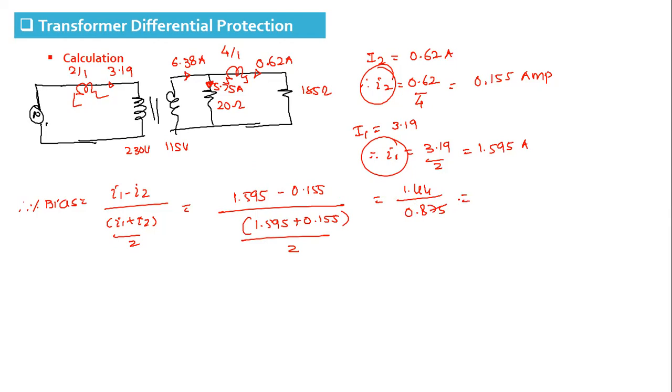So this comes as 1.44 divided by 0.875. That is 1.64.